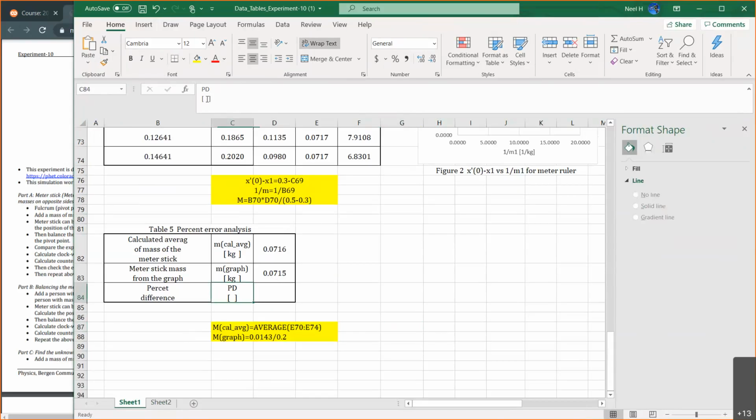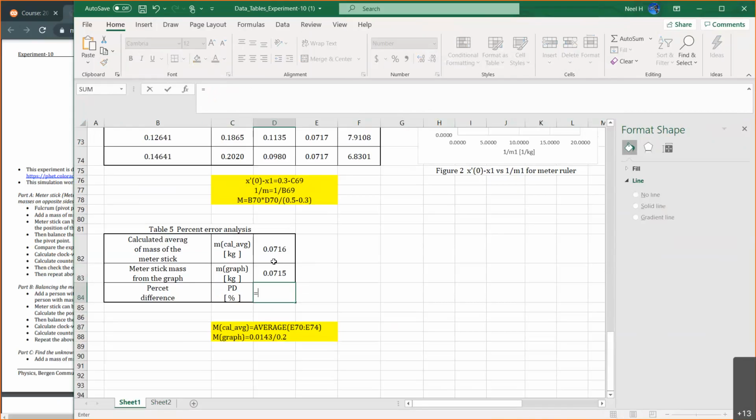Question? Since we have two values for the same thing, let's compare them. If it is an in-person setting, we actually measure the exact mass of the meter ruler by using the balance. Then we compare the percentage error for both of these. Since I don't have that number, let's compare these two using percentage difference.